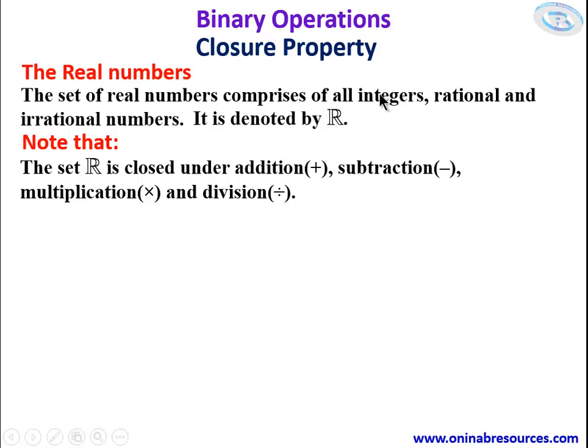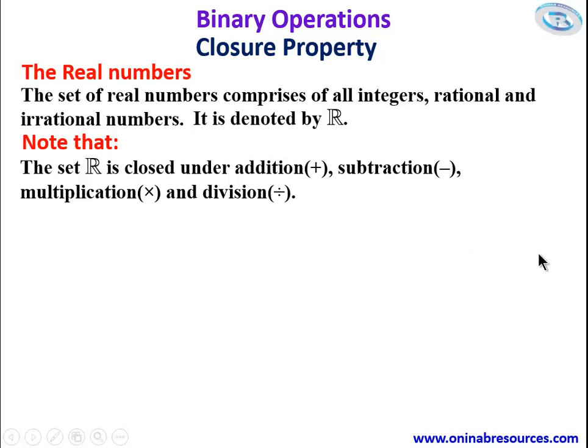Since integers are closed under addition, subtraction, and multiplication, and rational numbers are closed on all of the four operations, therefore, we conclude that R is closed under addition, subtraction, multiplication, and division.